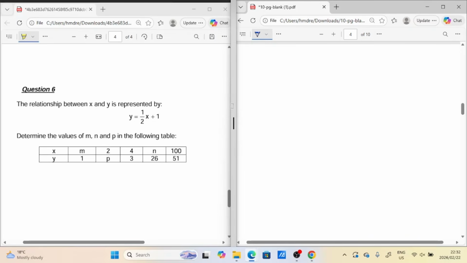The relationship between x and y is represented by y is equal to a half times x, add 1. And they want us to determine some missing values in here. Okay, so we're just going to be subbing values into this equation and then working back. So let's first of all find m.